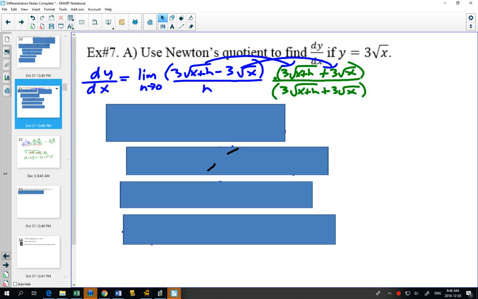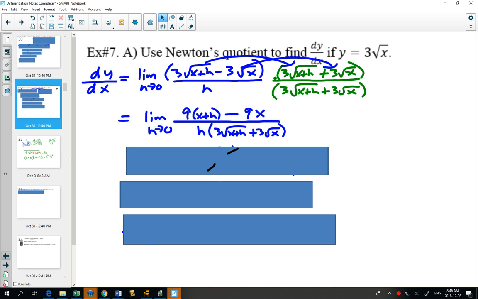Now, initially, this seems like it's just making things bigger and more complicated. And initially, that's what it looks like. We're going to multiply out the tops. It forms a difference of squares. On the bottom, I'm not going to multiply it out because I have an h already factored out of the bottom. And my goal is to cancel out that h so I can evaluate my limit.